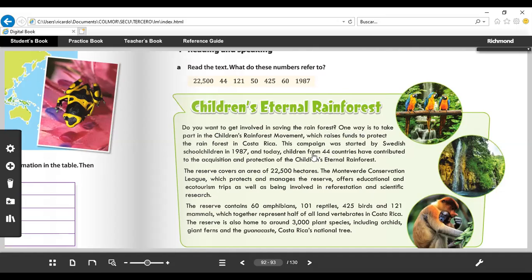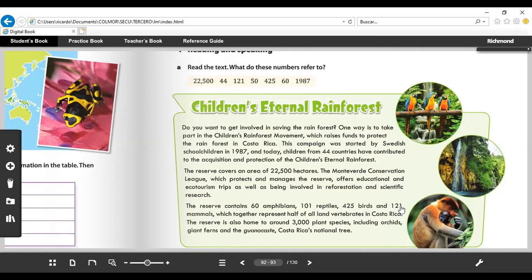Right here. Children from 44 countries have contributed to the acquisition and protection of the children's eternal rainforest. So what does this number refer to? To countries.